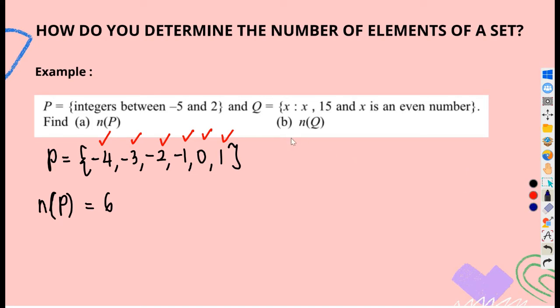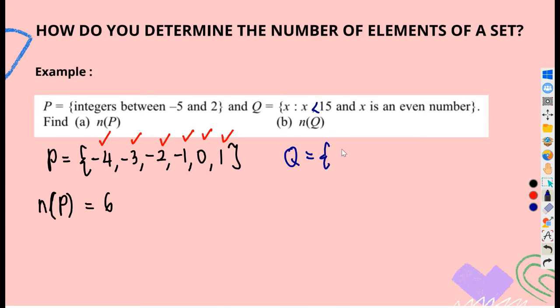Now for set Q. Here it is x such that x is an even number and 15. This one is actually inside your textbook, so I think it is x is less than 15. Maybe there is a mistake somewhere here. So x is less than 15. We need to do the listing.